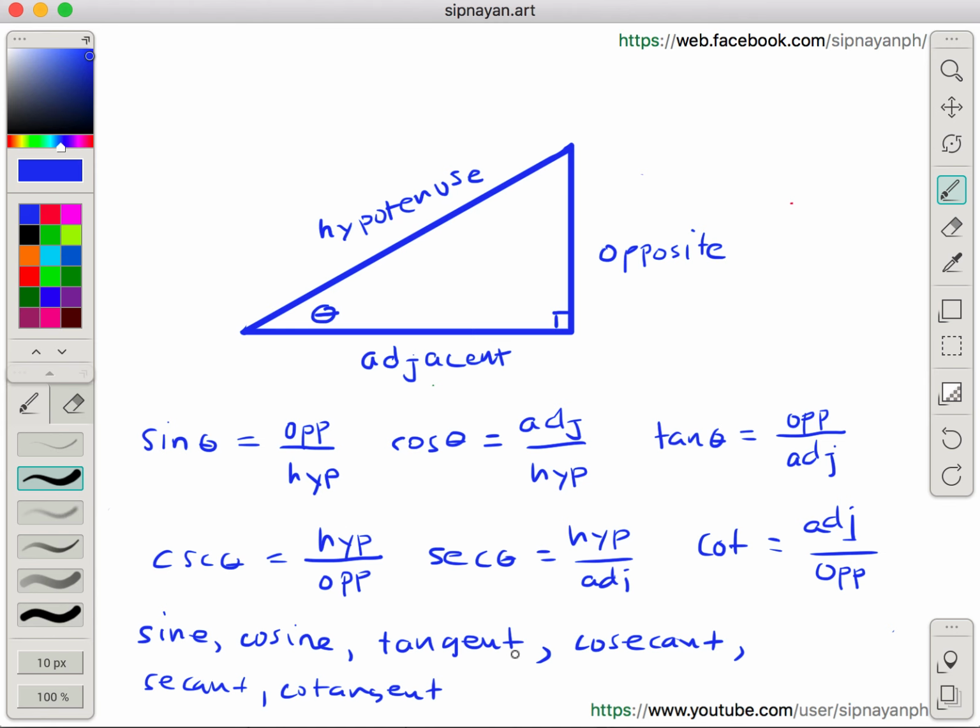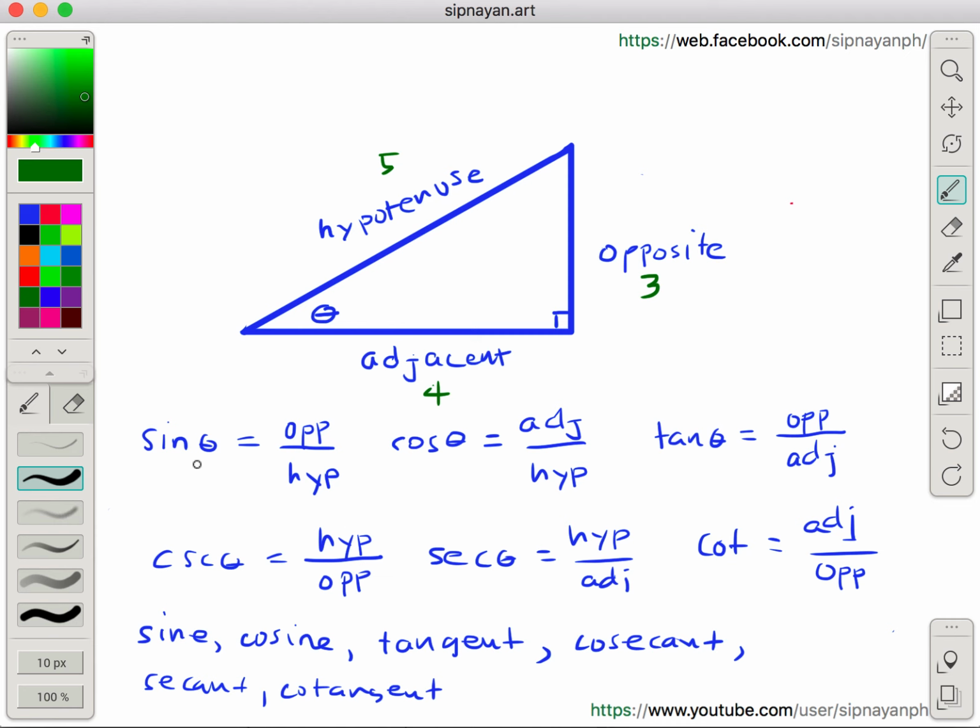Okay, so dapat familiar kayo dyan. And just to give you a brief preview, suppose ang length ng opposite side ay 3, ang length ng adjacent side ay 4, at ang length ng hypotenuse ay 5. So it's a 3, 4, 5 triangle. I think some of you may be familiar with the Pythagorean triples. This is one of the Pythagorean triples.